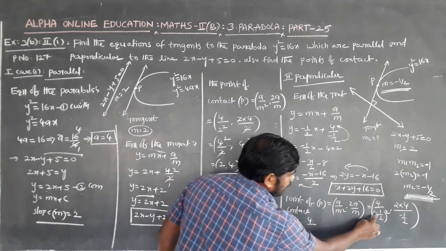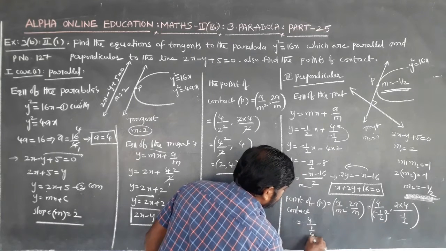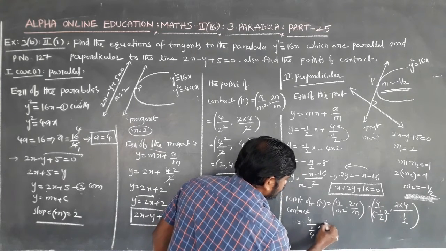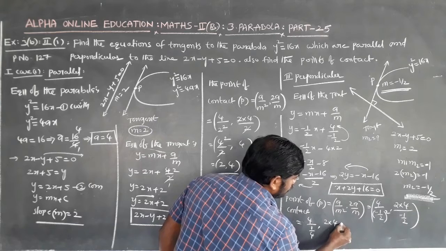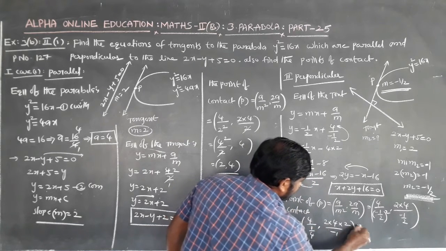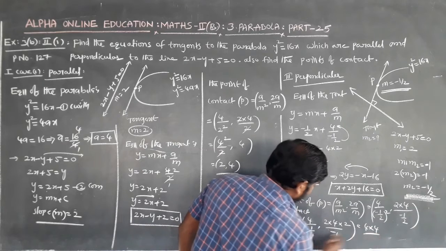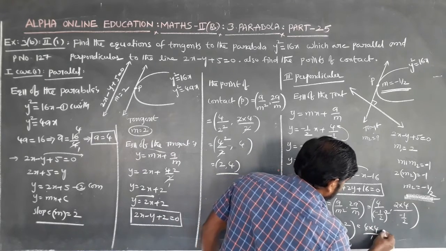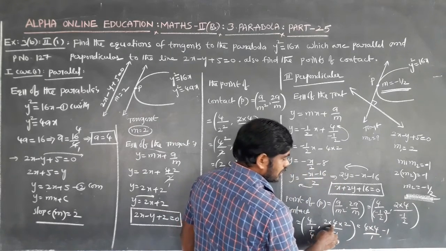So 4 by minus 1 by 2 whole square is 4 into 4, which is 16 by 1, comma 2 into 4 into 2 by minus 1, which is minus 16.